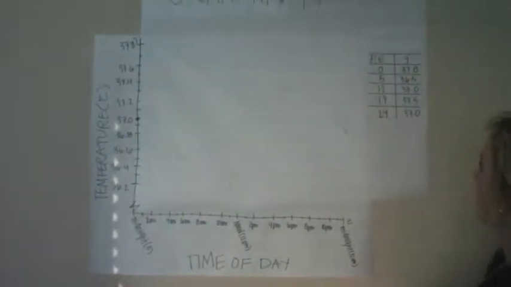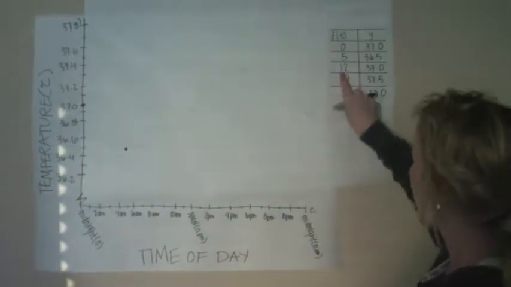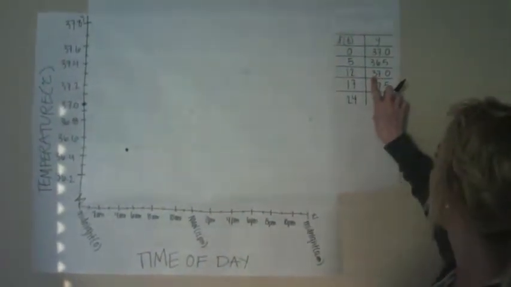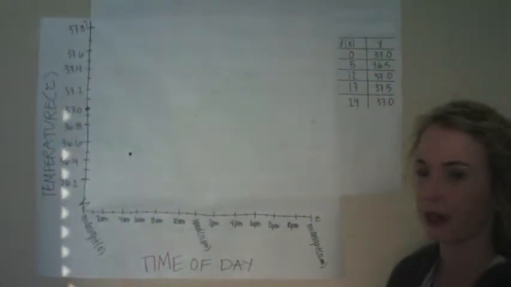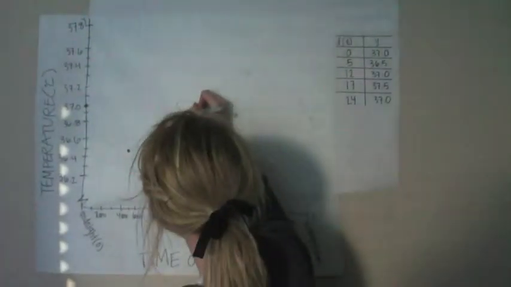So at 0 hours, our temperature is 37 degrees Celsius. At 5 hours, our body temperature is at 36.5 degrees Celsius. At 12 hours, at noon, our body temperature is back to its equilibrium at 37 degrees Celsius.